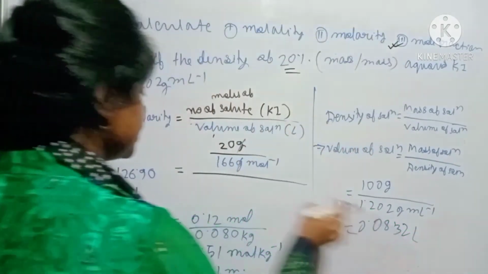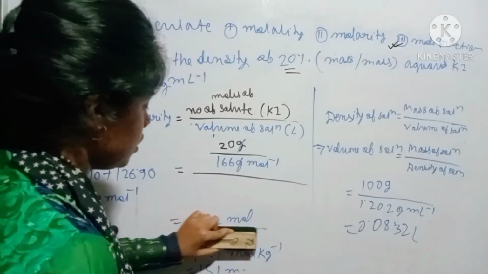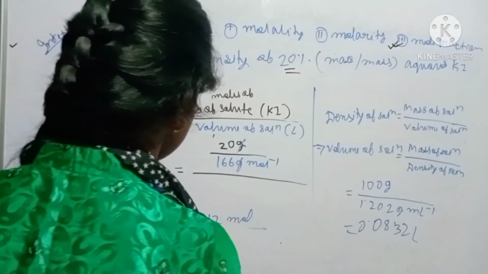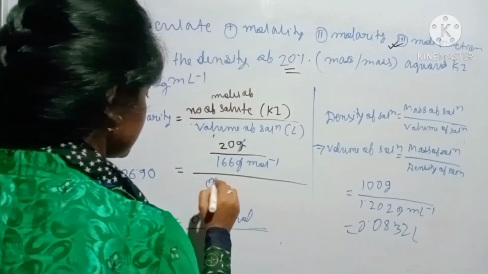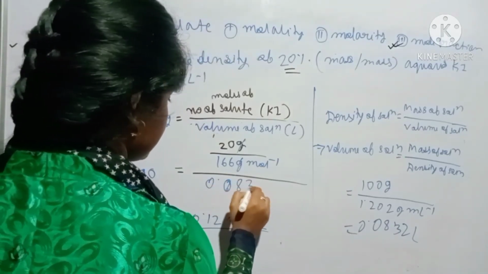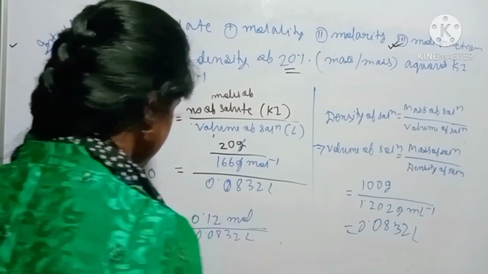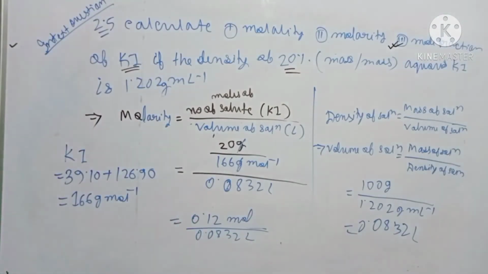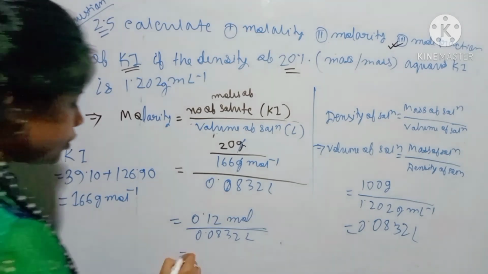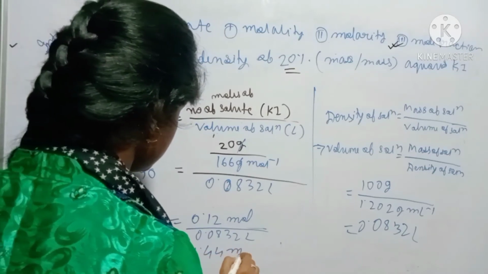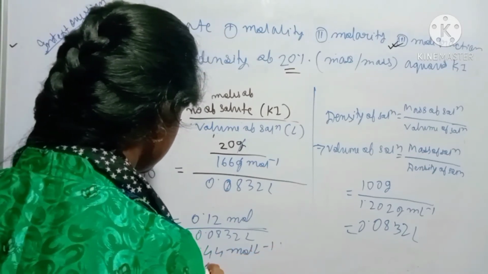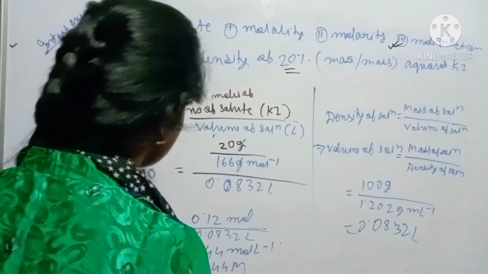Now we have to put this volume, 0.0832 liter, in here, and the answer is around 1.44 mole per liter. Mole per liter means 1.44 molar.